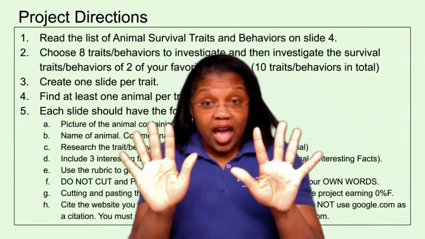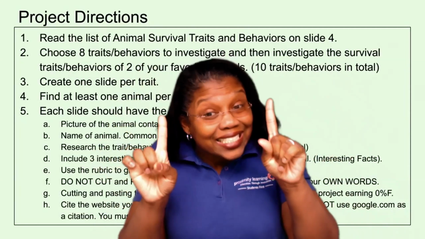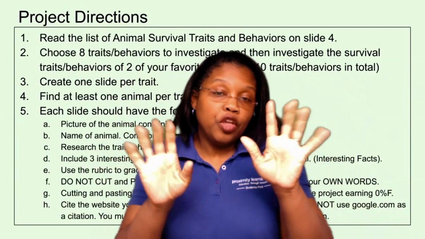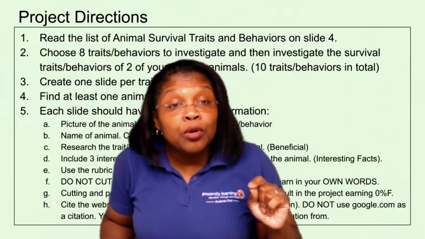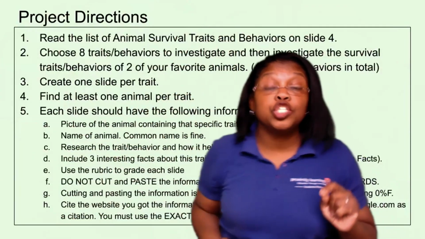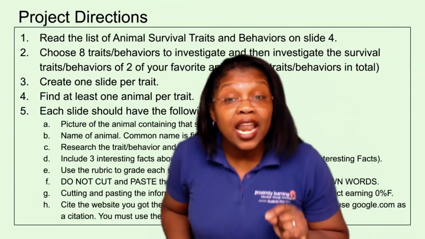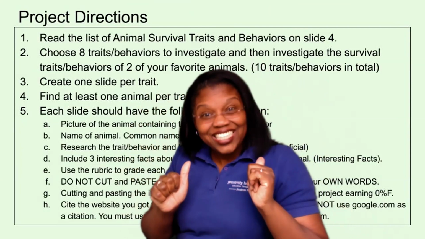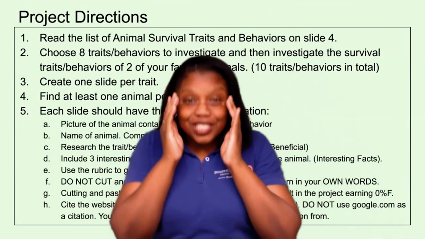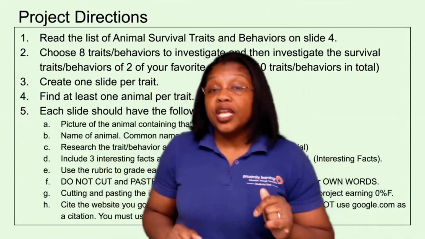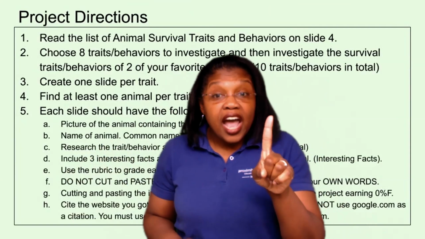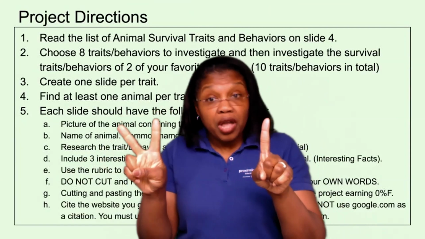Every slide is going to have a different trait and a different animal. Now you may say, hold up, wait a minute, Miss Ogeen. I can think of an animal that has at least 2 of the traits on your list. And I'm going to say, great job, but you still have to have a different animal per slide. So even if animal A has traits 1 and 2, okay, that's fine.